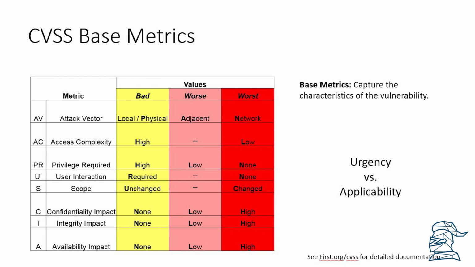If the attack is easier, that would be listed as low. The impact for confidentiality, integrity, and availability will be listed as none, low, or high. You could think of this at a high level as none means it's not affected, low means it's partial, and high means you better watch out.